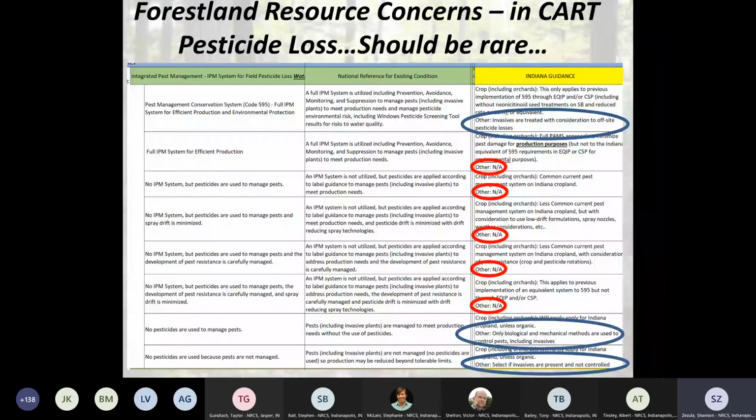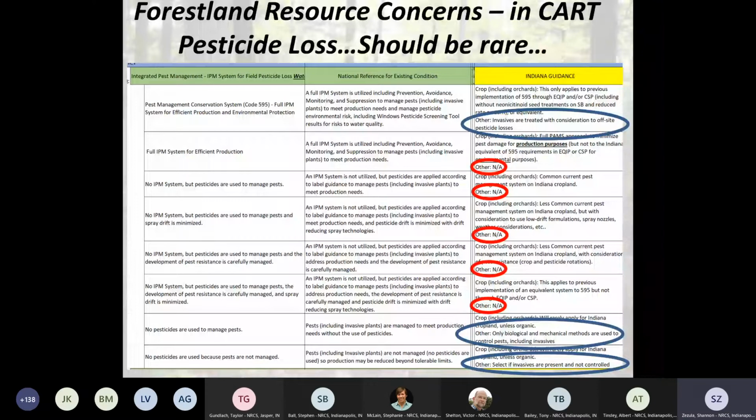As was brought up during Tony's presentation, I do want to cover that question that came up here. And again, this is that other pest management table, and man, it's a good one. Look how big that thing is. This is the pesticide loss. Last year, we did assess this resource concern on our forest land, if I'm not mistaken. This year, we are not, whether it's CSP or general planning and EQIP.